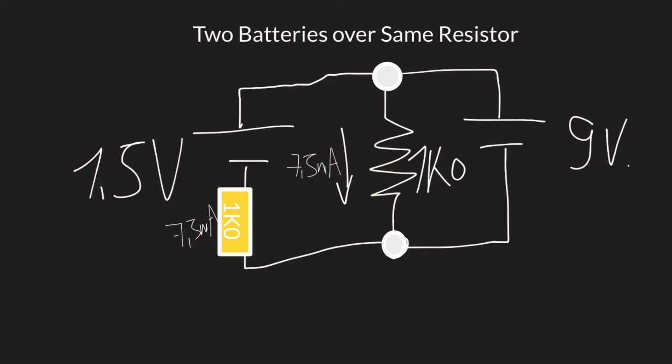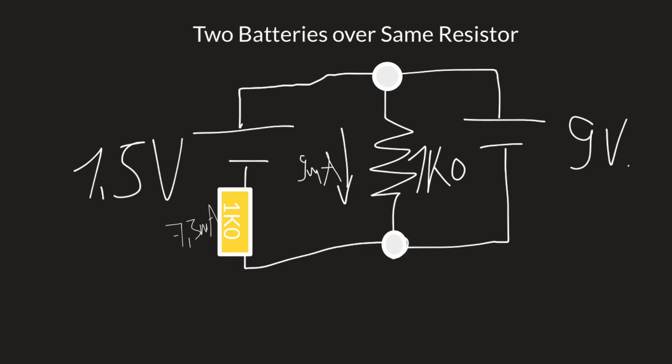And therefore, we didn't measure current, but if you would measure current, with these ideal values, you would have here the 9 milliampere over the 1 kilo ohm resistor.